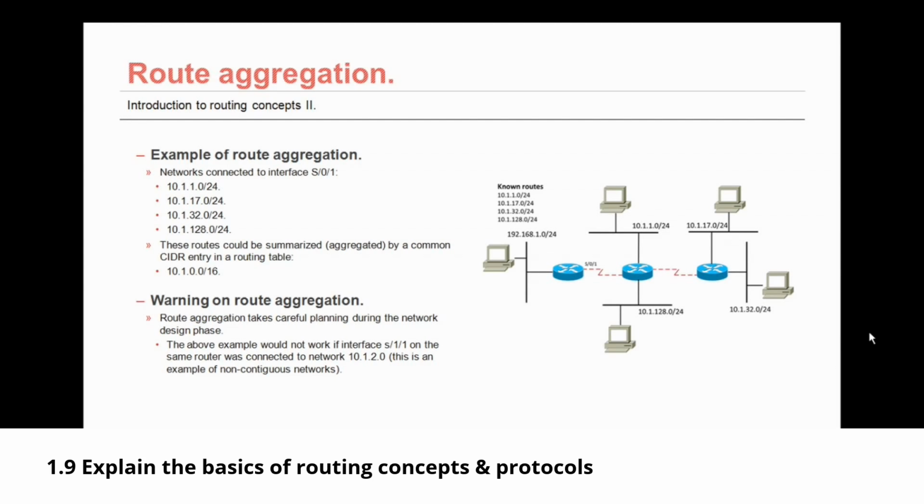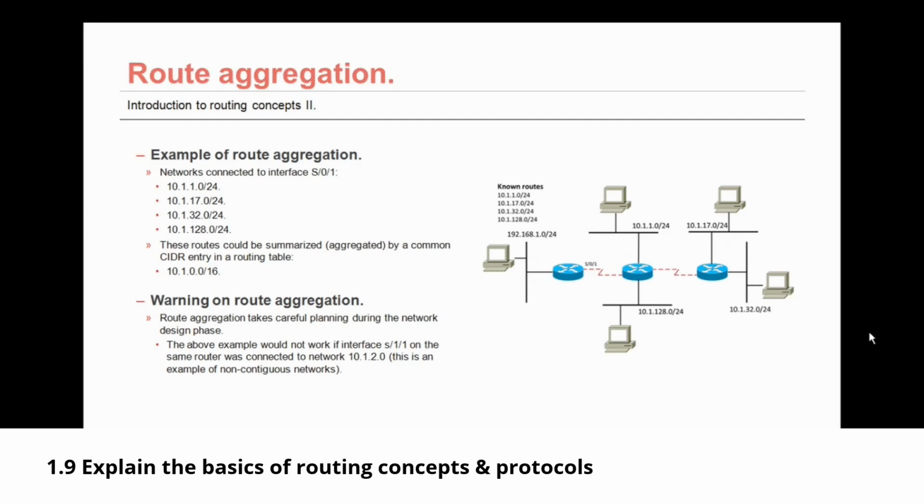Suppose we have a router that has the following networks on its serial 0/1 interface. It has 10.1.1.0/24 known on that interface, 10.1.17.0/24, 10.1.32.0/24, and 10.1.128.0/24.